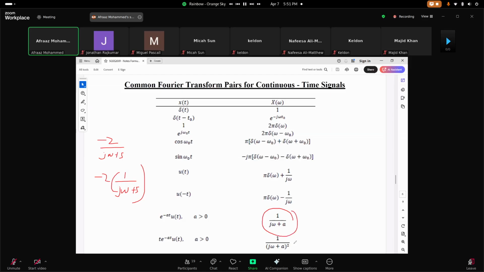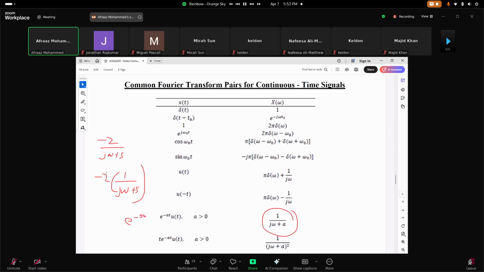The 1 over j omega plus 5 resembles this form here, where a is equal to 5. The time domain output of that is e to the minus at u of t, and in this case a is equal to 5, so that gives you e to the minus 5t u of t.